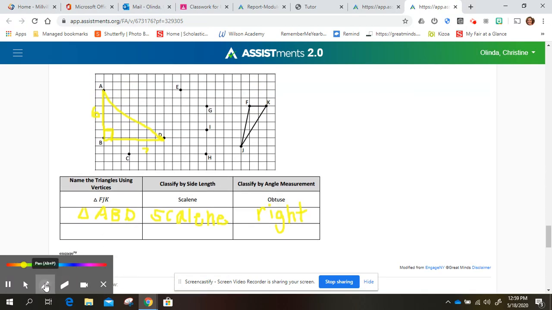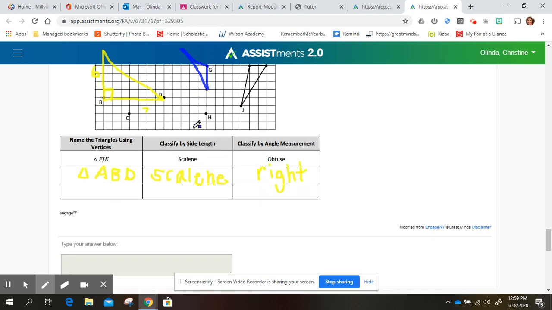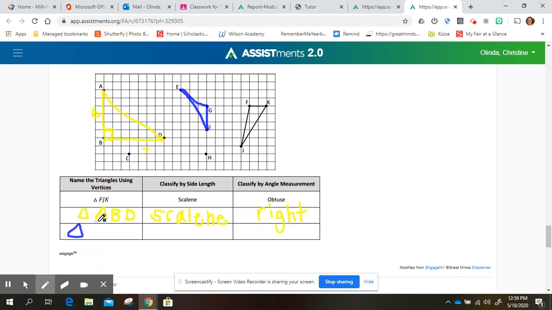And then I can draw another one and I'll change colors. Now I can't use A, B, or D, and I can't use F, K, and J. So I'm going to use E, G, and I. And again, I'll do triangle EGI. And again, none of the lengths are the same.